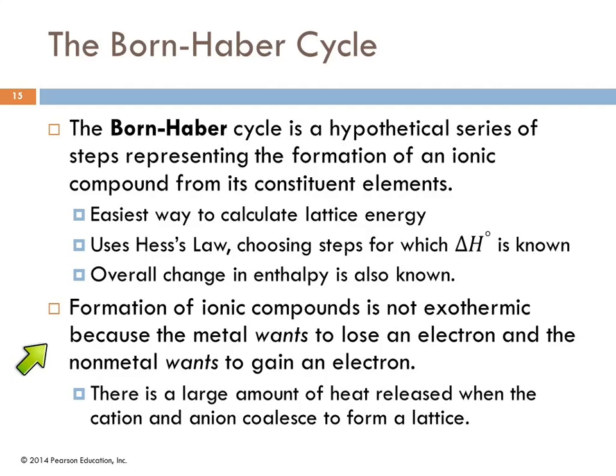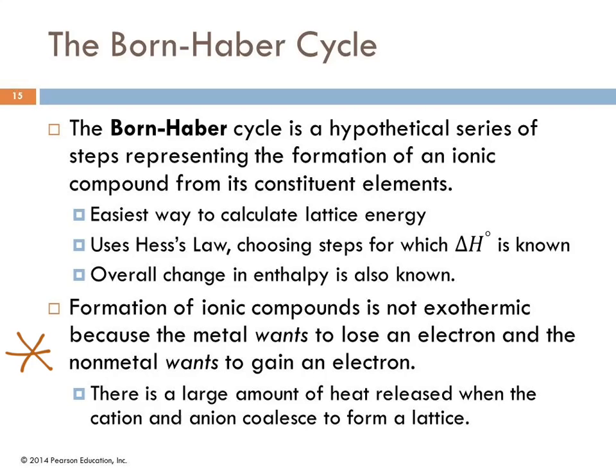This point here is important, especially since I tend to talk about things, personify them a lot. Formation of ionic compounds is not exothermic because the metal wants to lose an electron and the nonmetal wants to gain an electron. Okay, that helps us to remember what's going on. It's a nice way to think about it, but that's not the real reason.